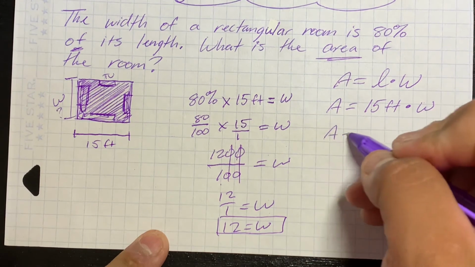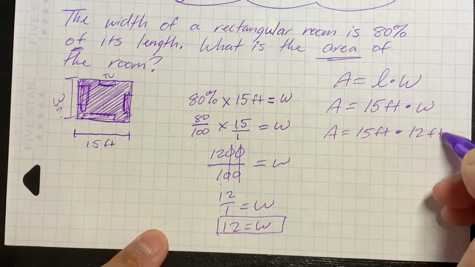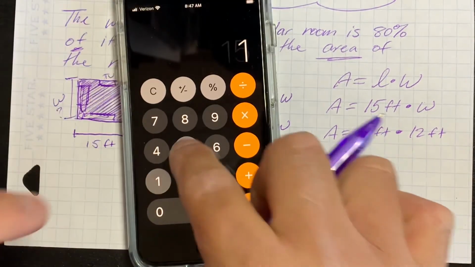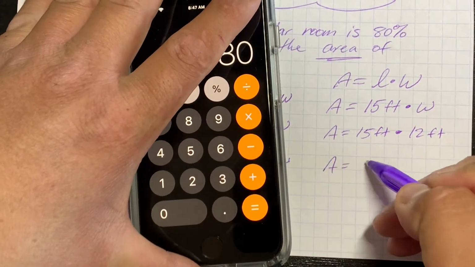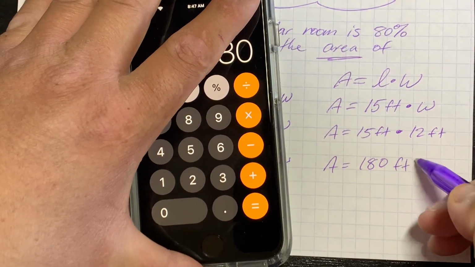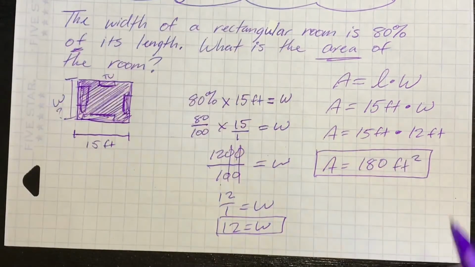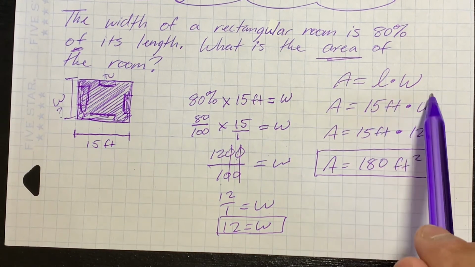So the area is going to equal 15 feet times 12 feet. Okay. And 15 feet times 12 feet is going to be 180 feet squared. Boom. So there you go. Now again, you have to remember the formula for the area is going to be length times width.